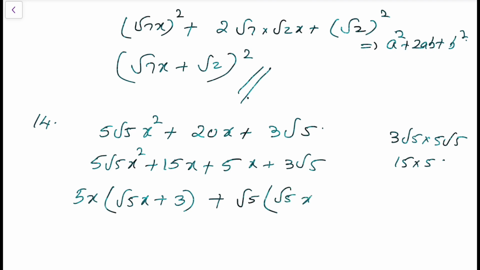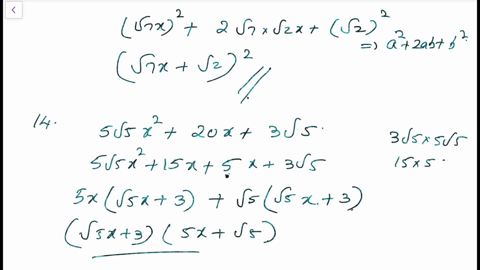So this will be root 5x plus 3. So this 5 is written as root 5, this 5 is written as root 5 into root 5, and 1 root 5 has come out. You can write that step in case you are not comfortable straight away writing this. Now you have root 5x plus 3 as common. So in the first term you are left with 5x and then root 5.